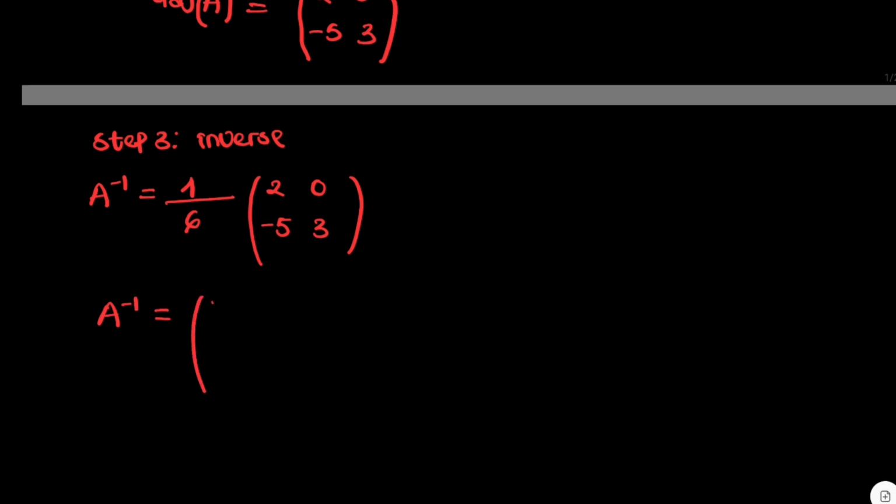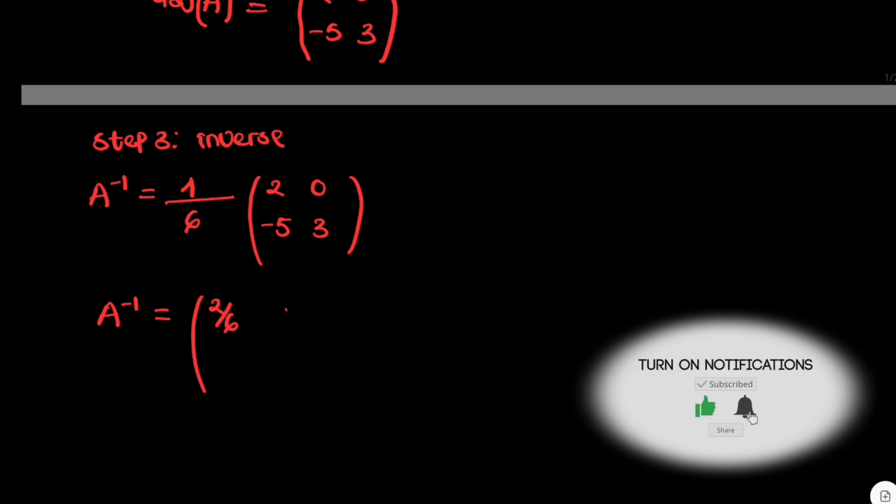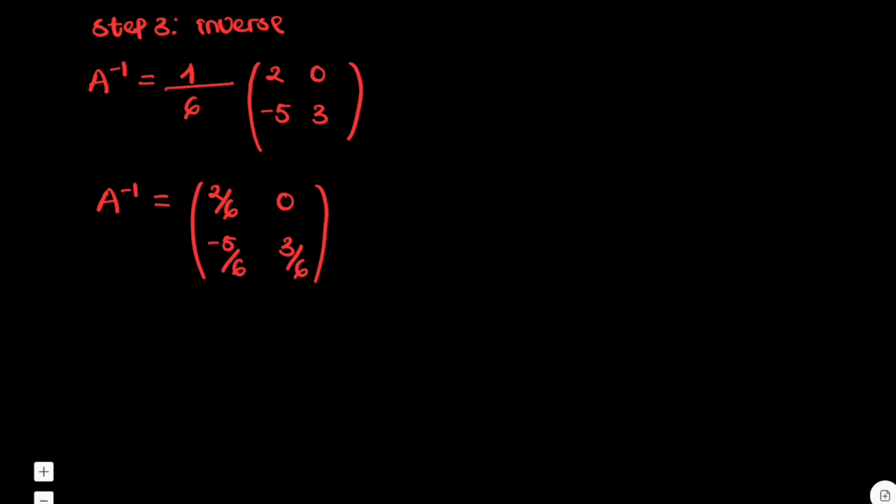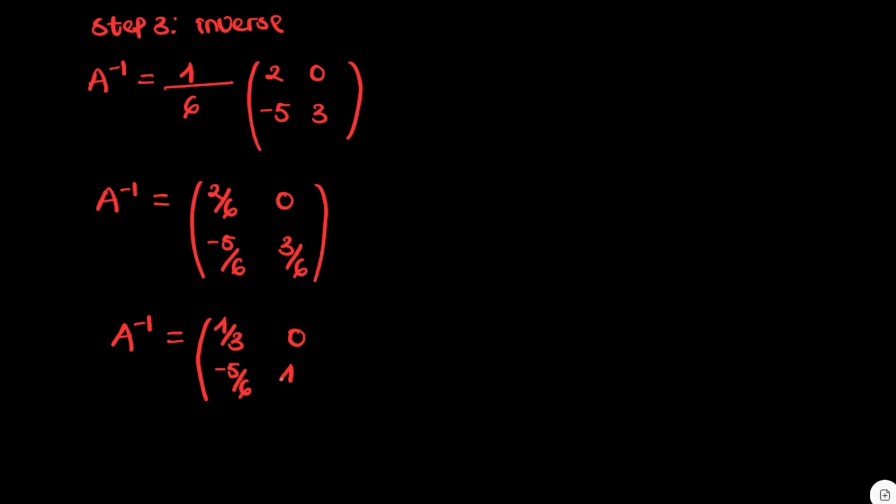So this is 2 on 6, 0, minus 5 on 6, and 3 on 6. 2 on 6 and 3 on 6 can further be simplified. So A inverse is equal to 1 on 3, 0, minus 5 on 6, and 1 on 2. This is the inverse of the matrix A.